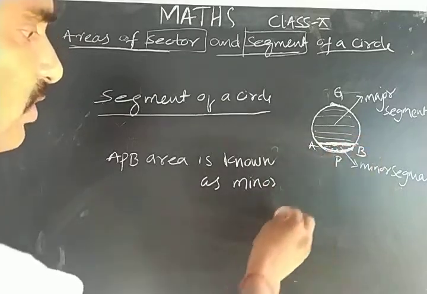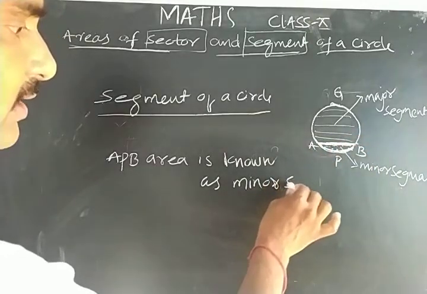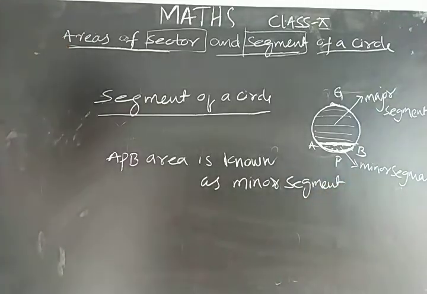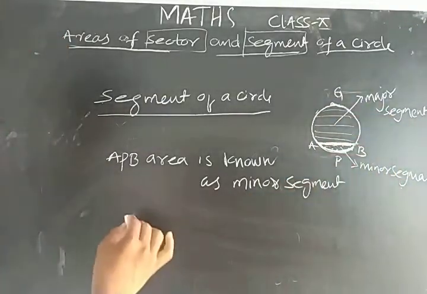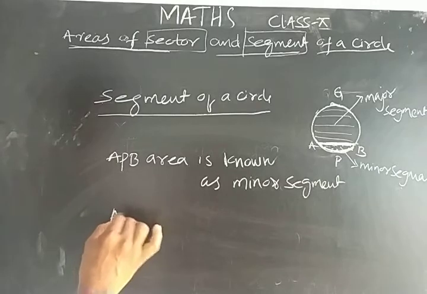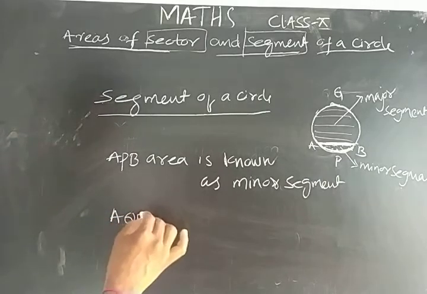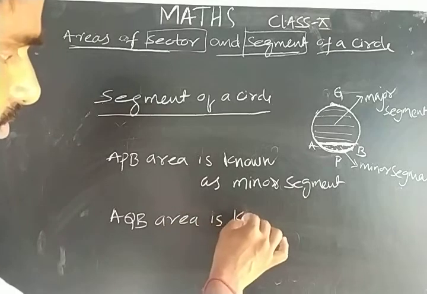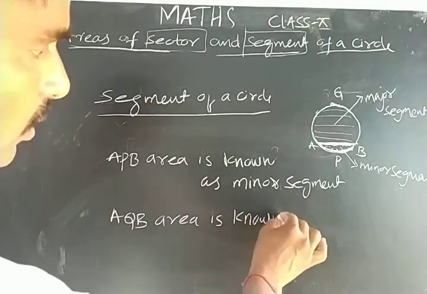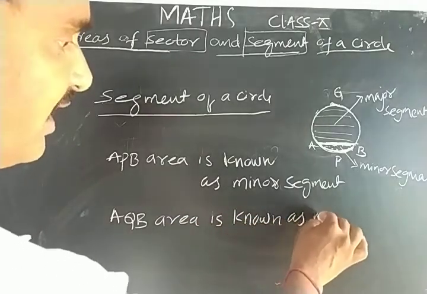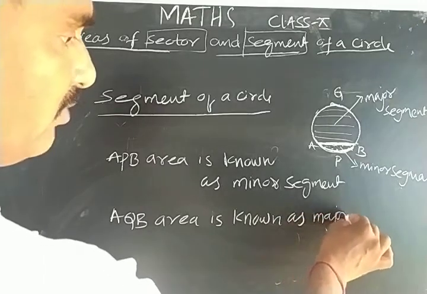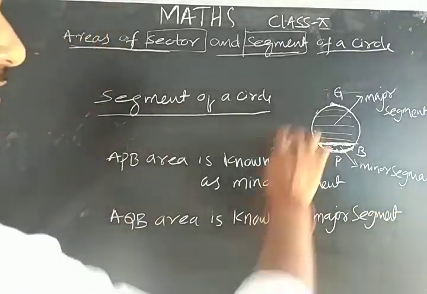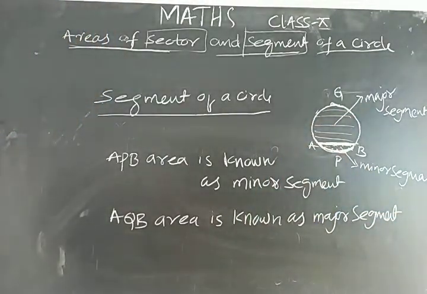The smaller area is known as minor segment, and this larger area, AQB area, is known as major segment.